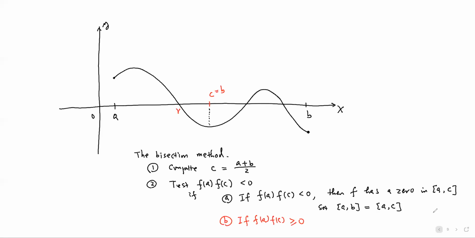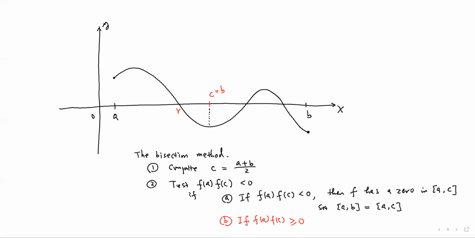The function value at A, we assume non-zero. So case 1 is f(A) times f(C) equals 0. Function value at A times function value at C greater than or equal to 0.